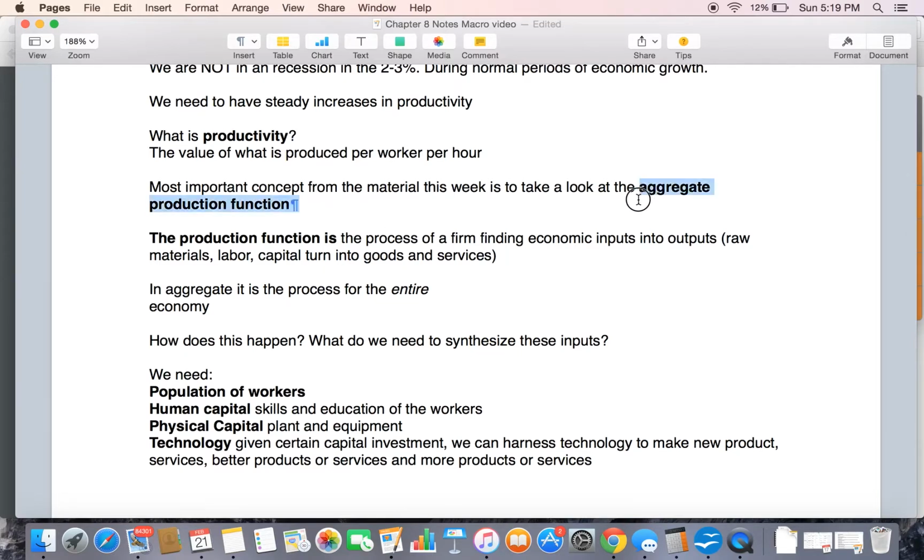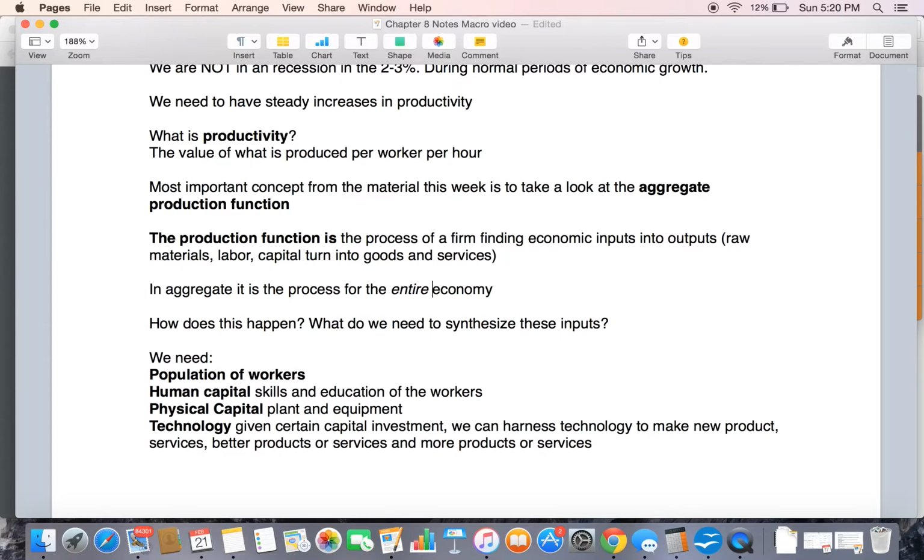An aggregate production function is going to be the process of taking all raw materials, labor, and capital, or inputs, and turning them into goods and services for the entire economy. And so really the aggregate production function very closely mirrors gross domestic product. And why does this happen?